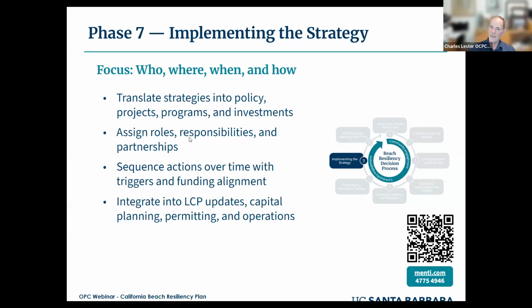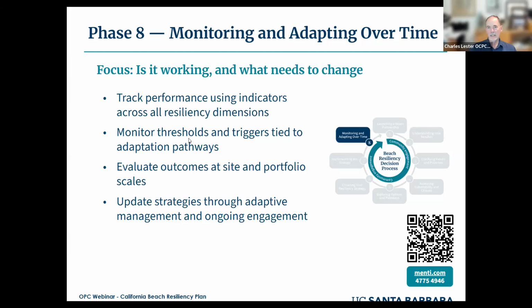So recognizing that you need to have the who, where, when, and how for your strategy to move forward. And then finally, stepping back and asking, well, is it working, and what needs to change if it's not? This is, again, a common step in a planning process or an implementation framework, where you're asking about the performance of your strategy, monitoring your indicators of the things you care about in that system.